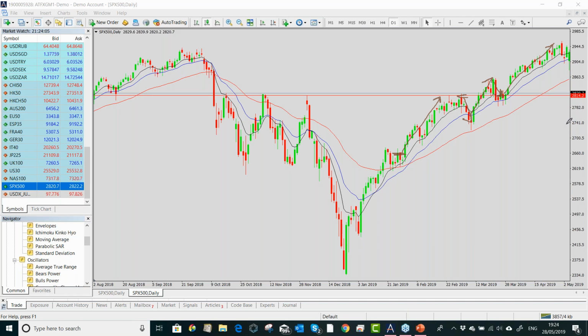So trading with the trend, I believe, is much safer, because you're trading with the overall probability of the market continuing to go up. The market flow is upwards. The majority of people are buying in this market, and what you want to do is go with the majority.